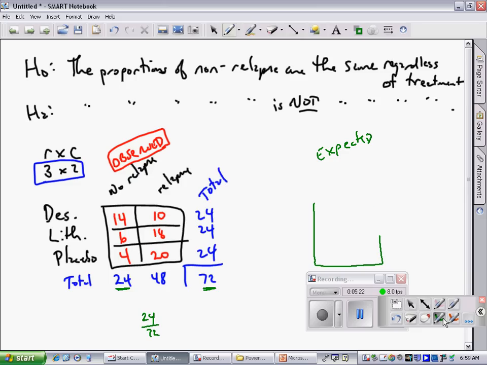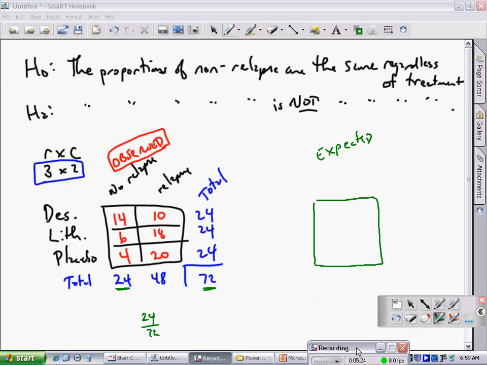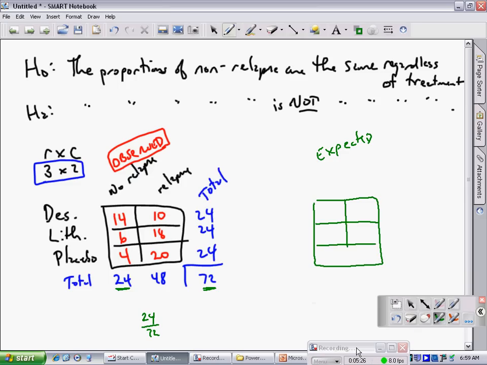I know that there were 24 people in each group. This proportion of non-relapse, which reduces to a third, should tell me that a third of the 24 people in the desipramine group wouldn't relapse if in fact H0 was true. So this would be 8.